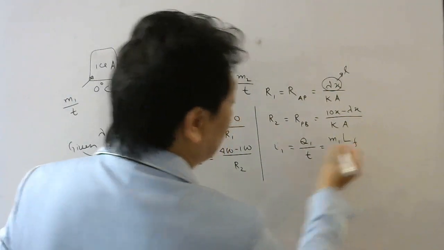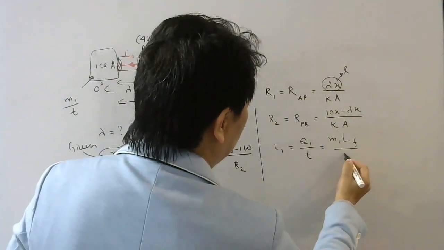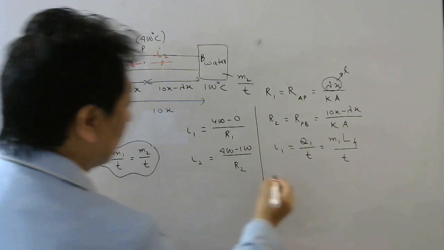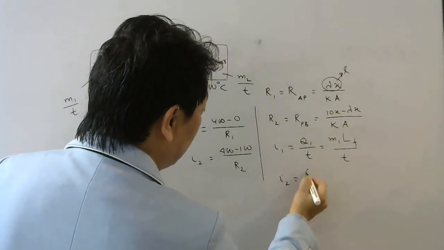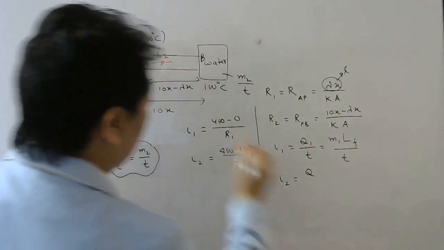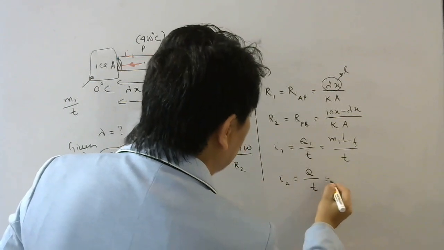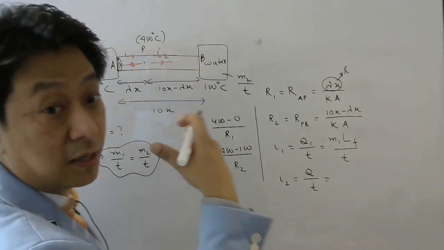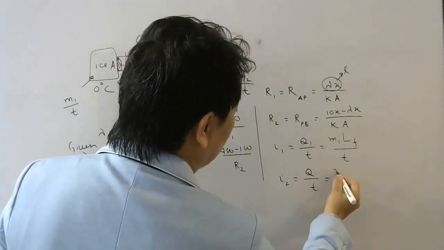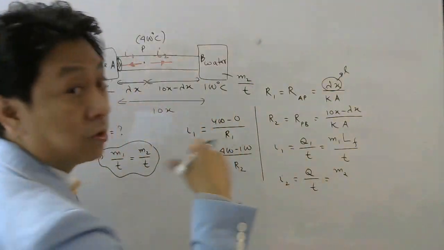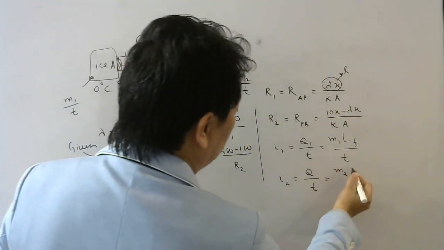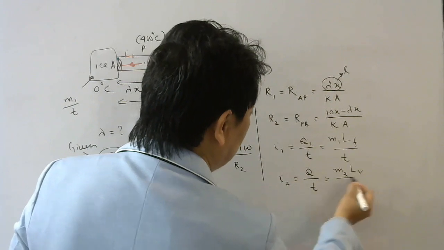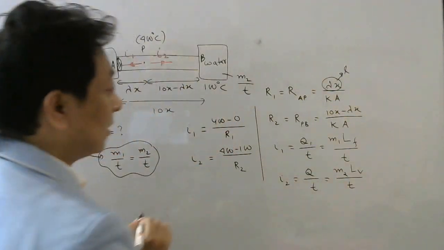Obviously fusion, because ice is melting, per unit time. Similarly, how can I write this heat current? Heat which goes this side divided by time. This heat will boil the water. It will convert some amount of water into steam. So that is M2 into latent heat of vaporization, divided by time.